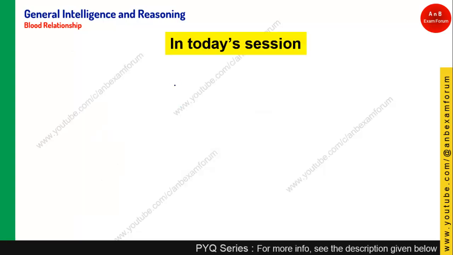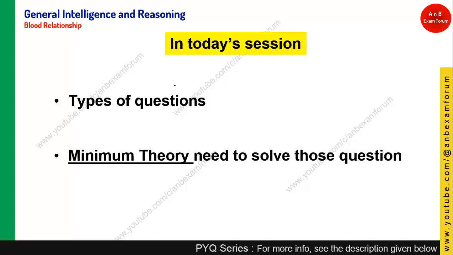So in today's session we have objectives. The first objective is the types of questions. We'll see the different types of questions asked in this chapter. The next is the minimum theory needed to solve those questions, the minimum concepts that you should know, which we are going to cover in today's session.